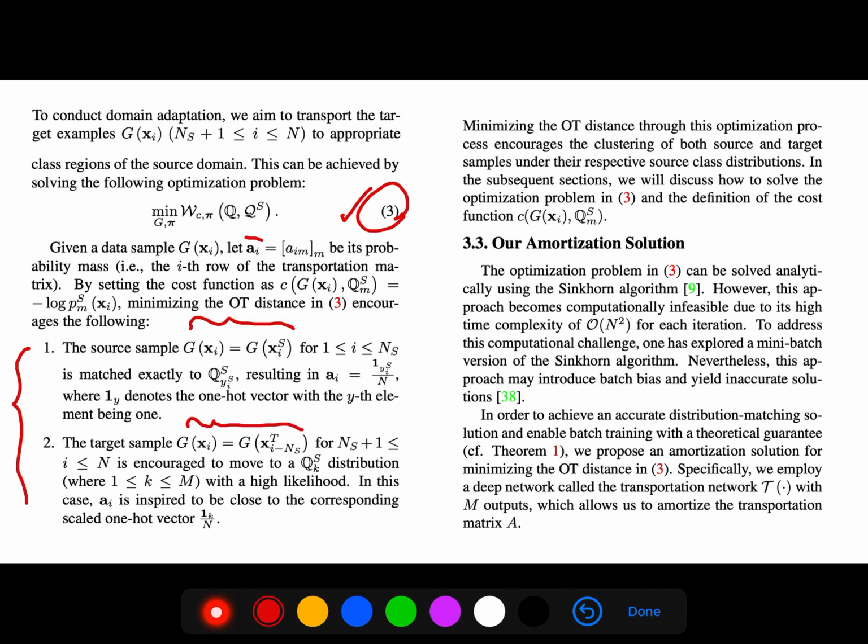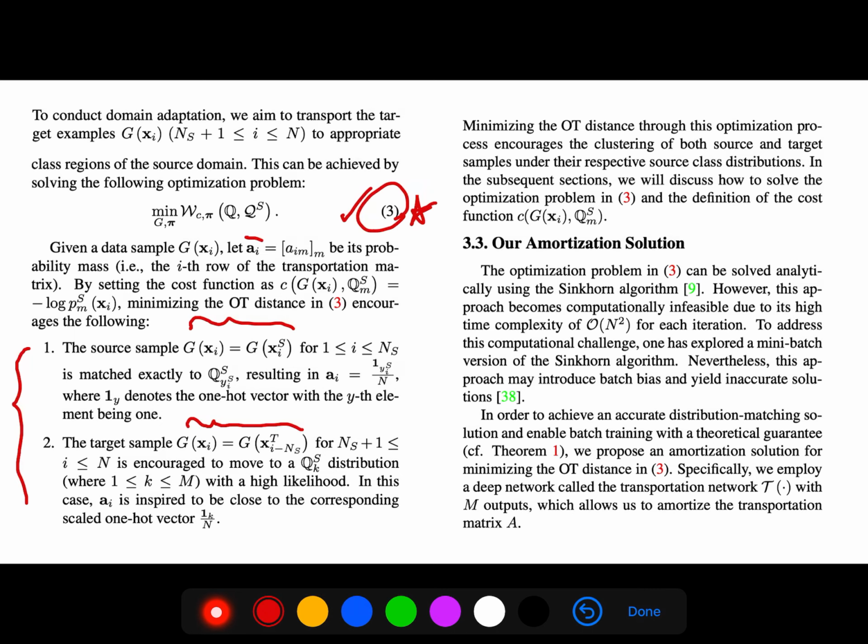Minimizing the optimal transport distance through this optimization process encourages the clustering of both source and target samples under their respective source class distributions. In the subsequent sections, we will discuss how to solve this optimization problem and the definition of the cost function. So this is what we call the amortization approach. The optimization problem can be solved analytically using the Sinkhorn algorithm.